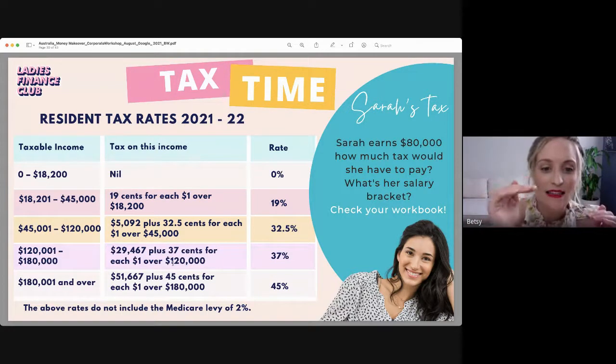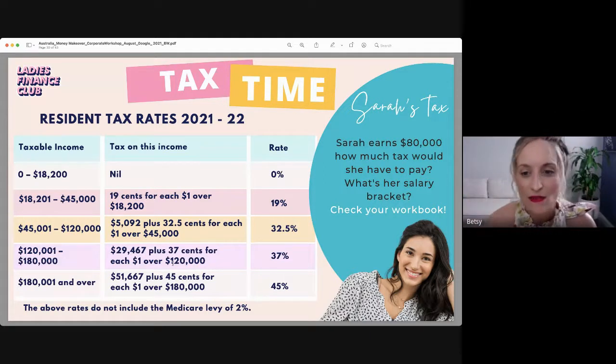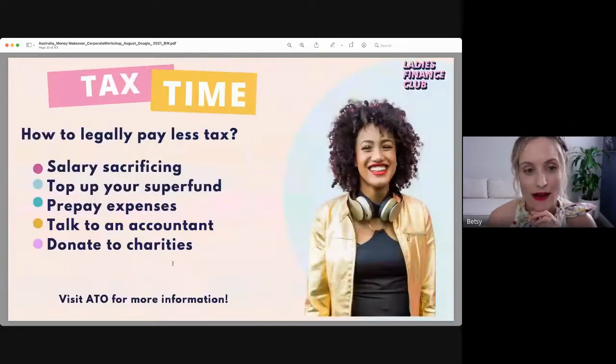It's a tiered thing. So, for the first 18,000, you don't pay any tax. From 18 to 45, you're paying 19 cents on the dollar. From 45 beyond, it's 32.5 cents. So there's a little exercise in your workbook to figure out at 80,000, what would you be paying in tax? We also don't forget the Medicare levy as well.